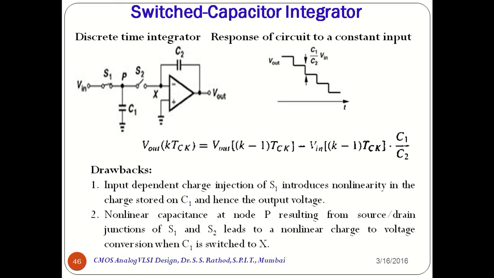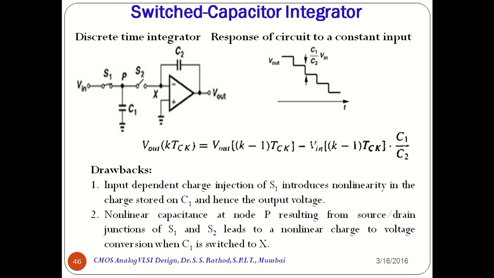Therefore the output voltage will be equal to Vout((k minus 1)Tck) minus Vin((k minus 1)Tck) into C1 by C2 after every clock cycle. In this case we have assumed that the gain of the operational amplifier is large.